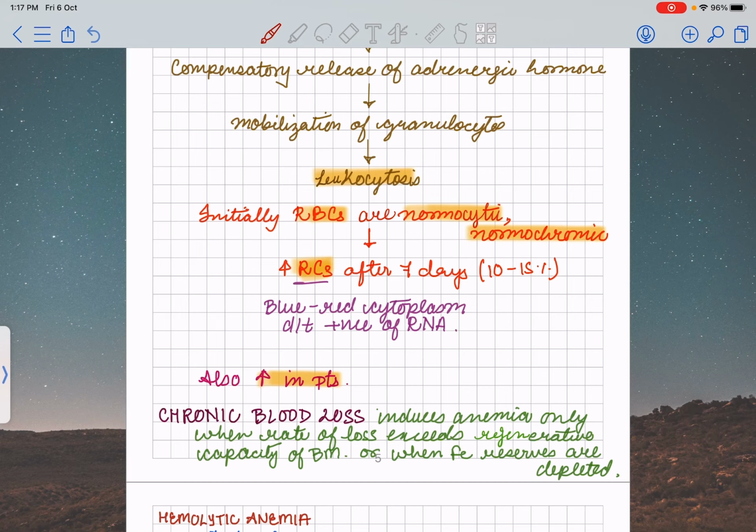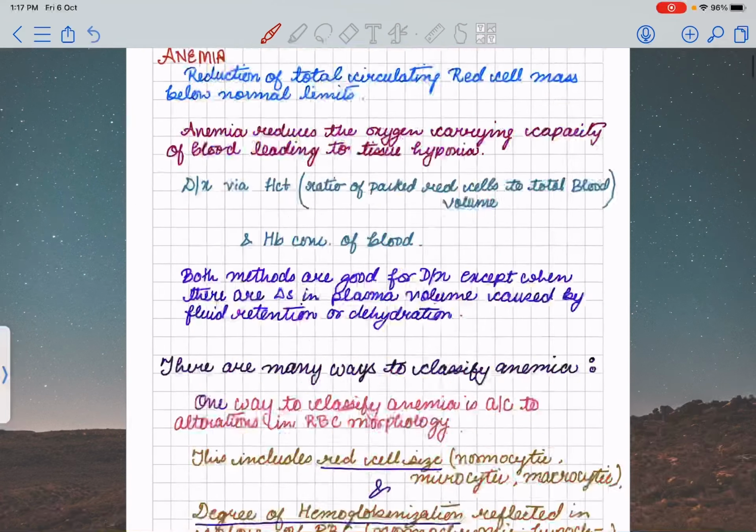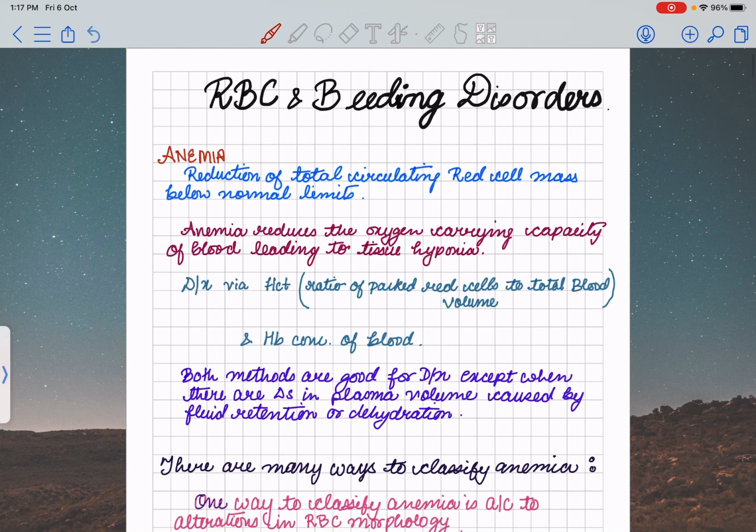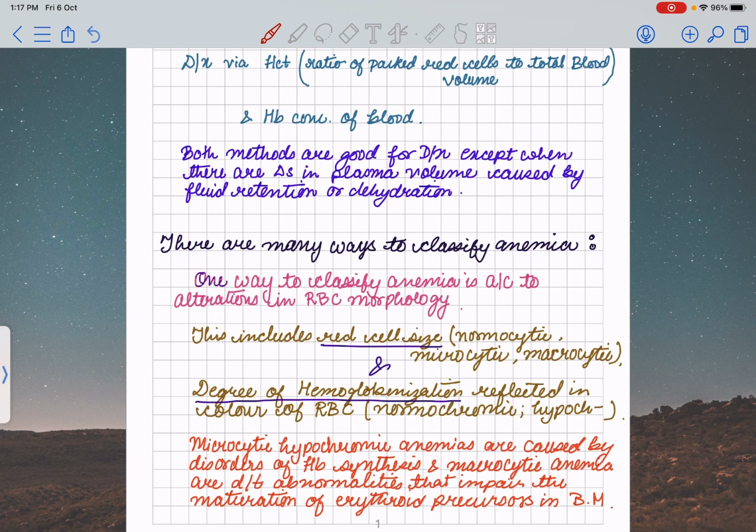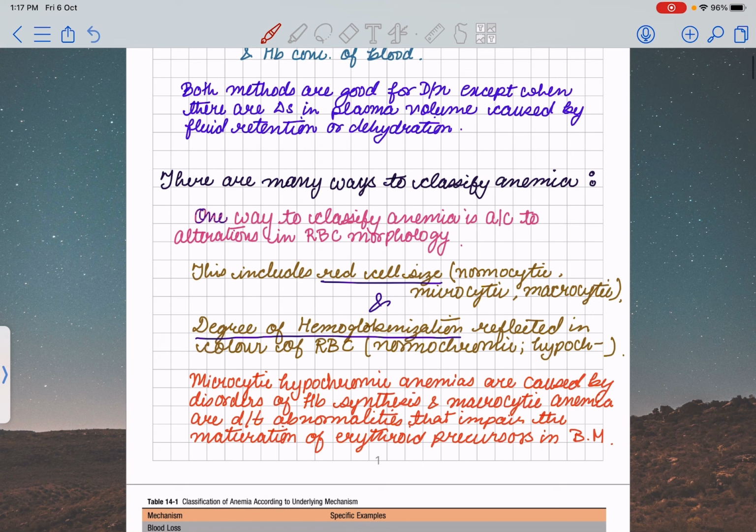So far we discussed the definition of anemia, right? We talked about the diagnosing factors. We said we can diagnose anemia with the help of hemoglobin and hematocrit. We said they are both good methods, but changes in blood volume cannot be detected with hematocrit and hemoglobin. We said there are different ways to classify anemia.